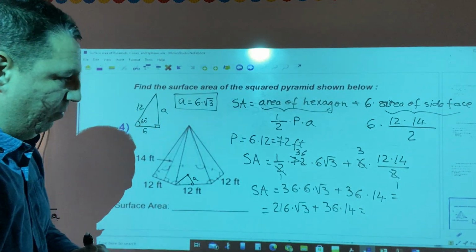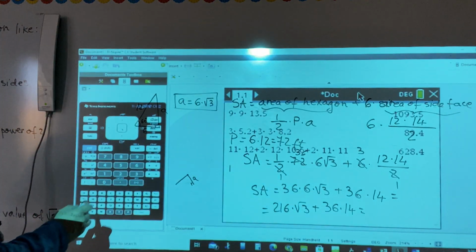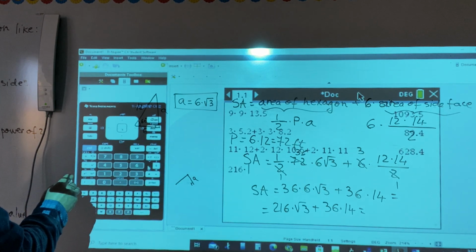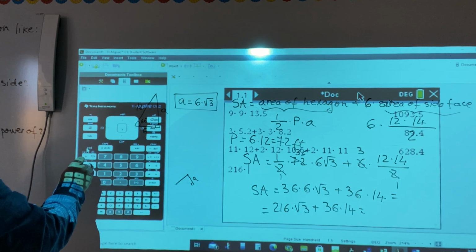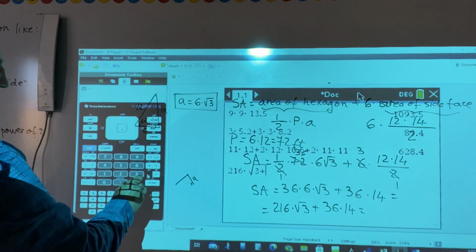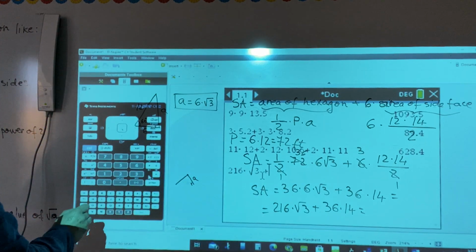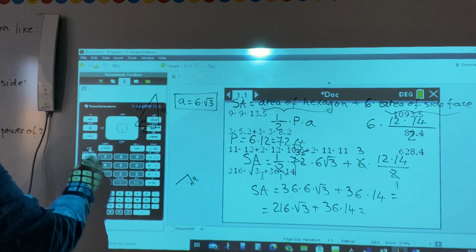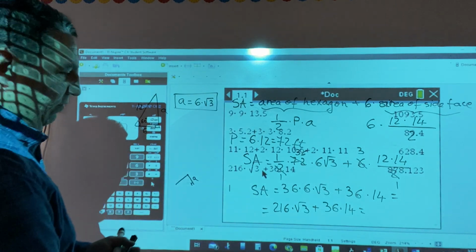Let's find how much it is using calculator. So 216 times... we got 878.12.